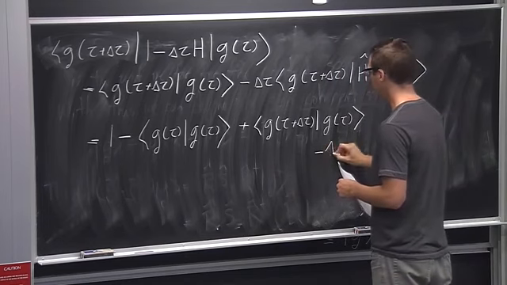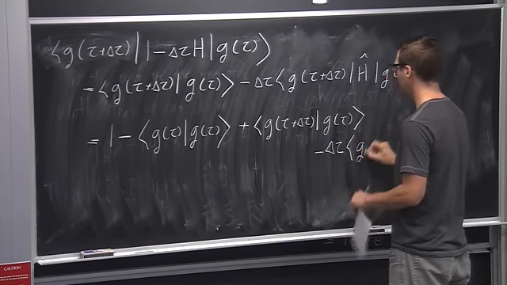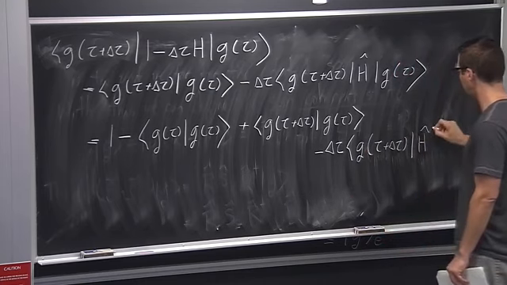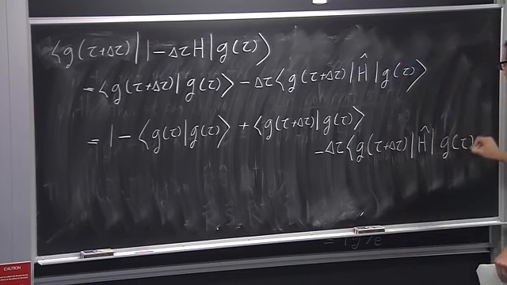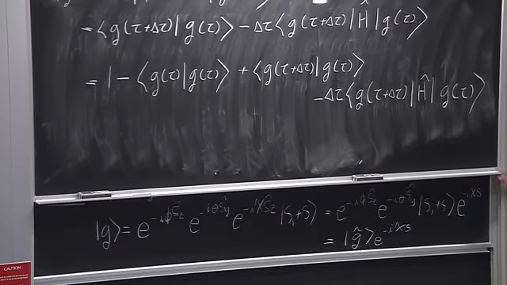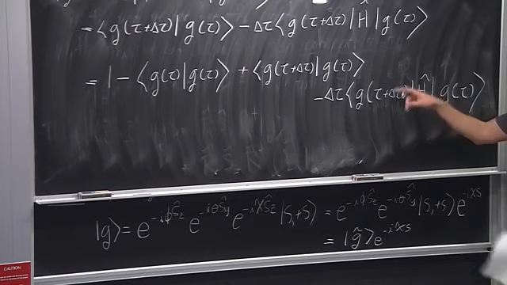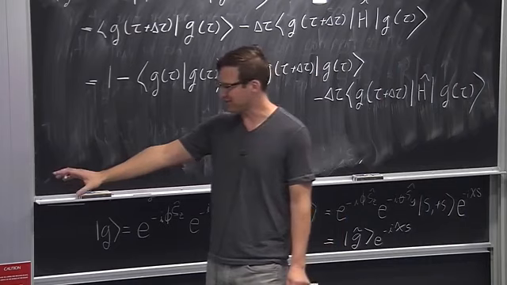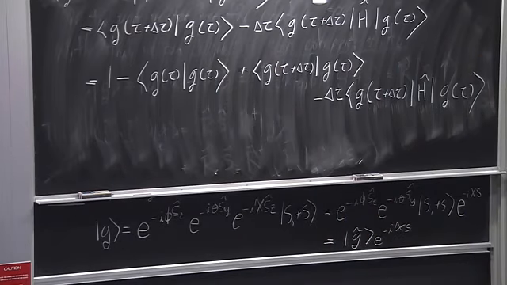And then this term here minus delta tau. All right, so this is just my matrix element. This is what I'm going to handle a bit later. But I'm assuming somehow I have a Hamiltonian that's going to operate on that coherent state in a nice way that makes this understandable.